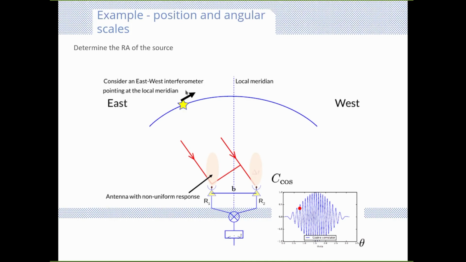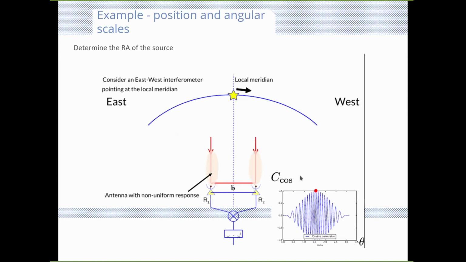So as it's far away from the tracking center, let's say both our antennas and our interferometer are pointed to the tracking center, then what we're going to see is the source will have some amplitude that is reduced, primarily by the antenna response in this case.